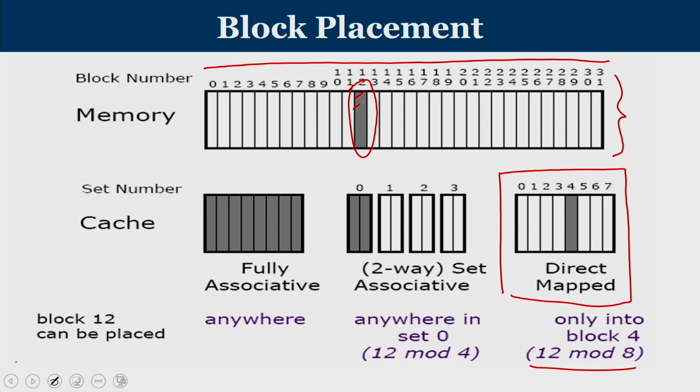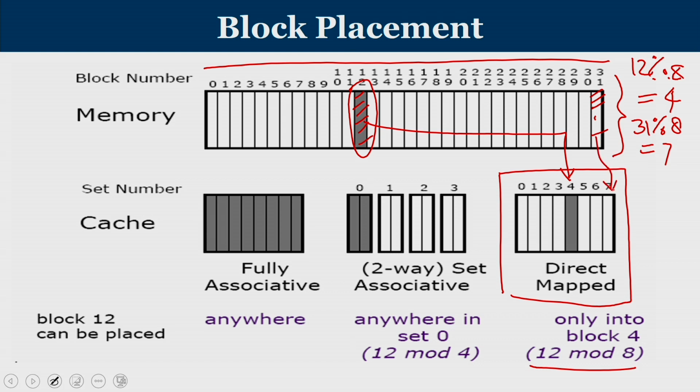Block number 12, where it goes into the cache is found out by 12 mod 8. 12 mod 8 is 4. So block number 12 gets mapped to set number 4 in the cache. Similarly, block number 31: 31 mod 8 is going to be 7. So this gets mapped into 7.